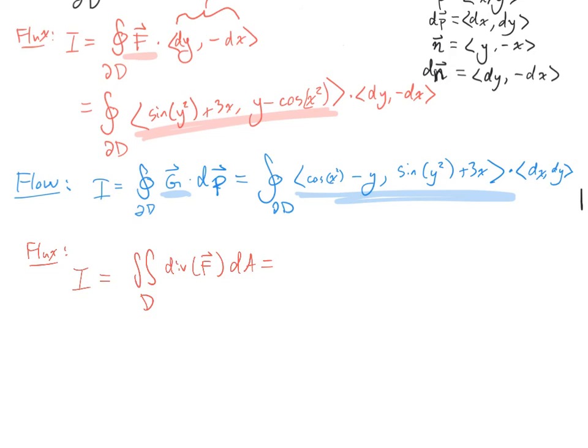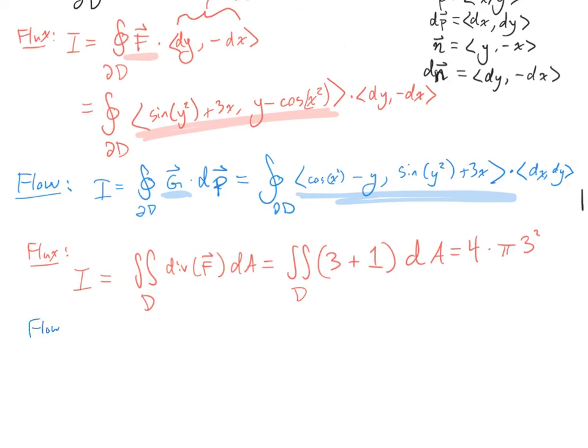So the x component gets d/dx, which is 3, and the y component gets d/dy, which is 1, so 3 plus 1 dA, which is 4 times the area of the disk, which is 4 pi r squared. And that's my answer.